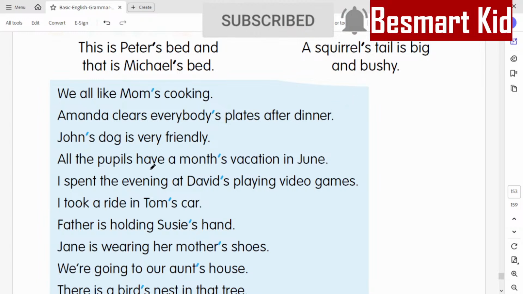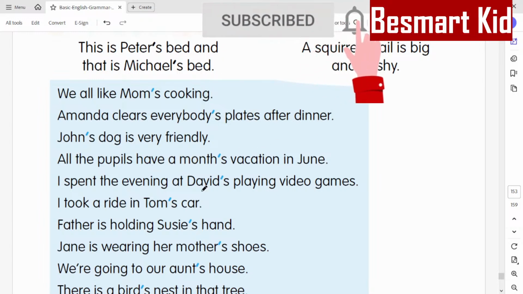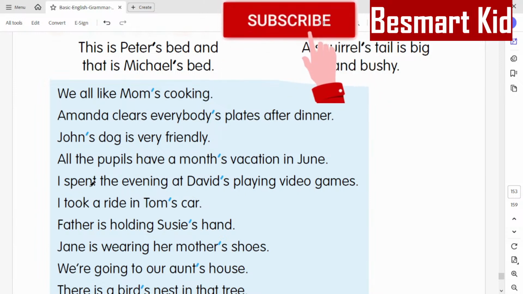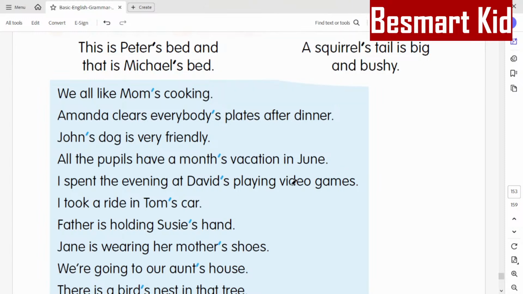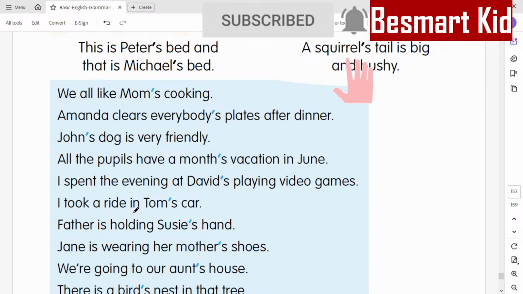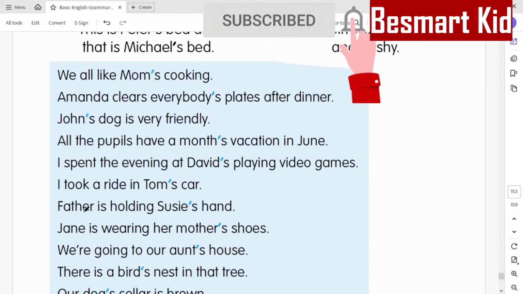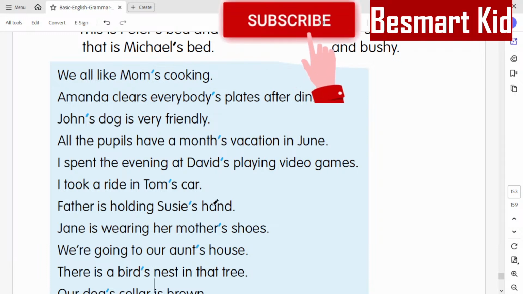All the pupils have a month's vacation in June. I spent the evening at David's playing video games. I took a ride in Tom's car. Father is holding Susie's hand.